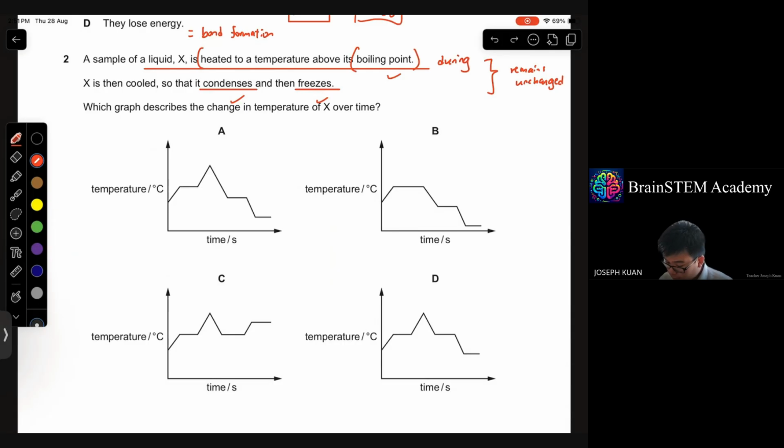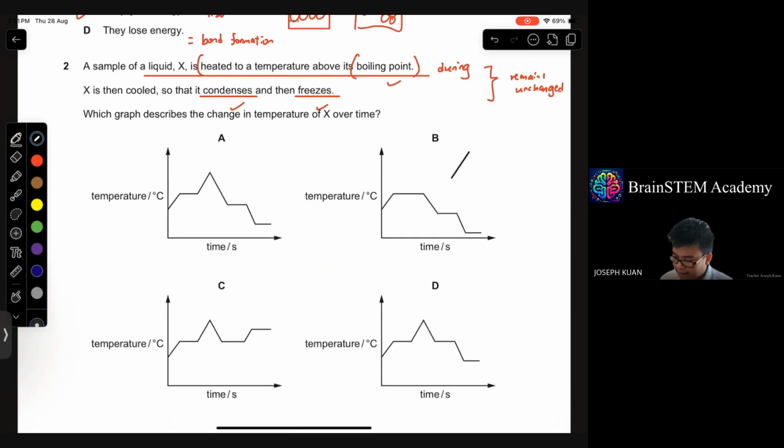From here, we do see everything has horizontal lines, so we can look at other points instead. It is heated to above its boiling point. So we should expect to see a slanted line going upwards, horizontal, followed by another slanted line, because this is the boiling point.